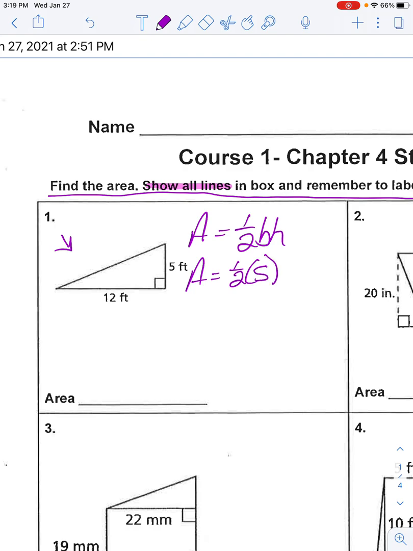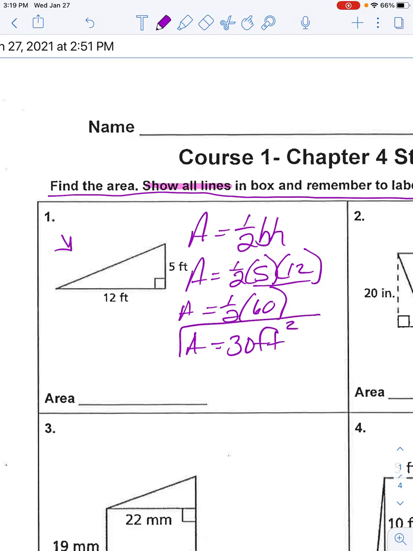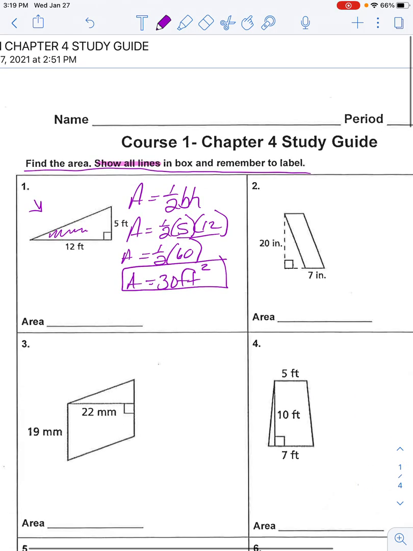Base 5, height 12. If you reverse those, it's fine. 5 times 12 is 60. Half of 60 is 30 feet squared. Please remember your labels tomorrow. It's the amount of space inside, so it's 30 feet squared.